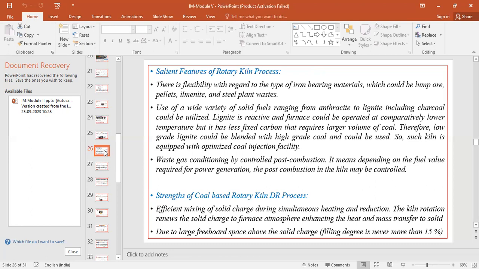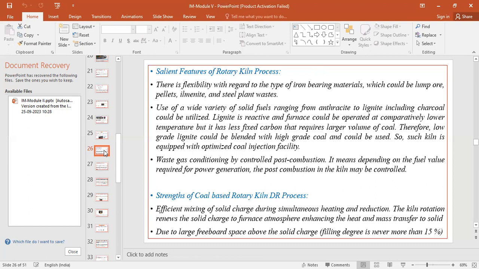Some of the salient features of the rotary kiln process: there is flexibility with regard to the type of iron bearing material we use for the production of DRI. It could be lump, pellets, or any iron bearing waste associated with the plant.